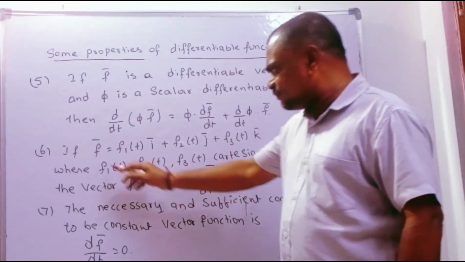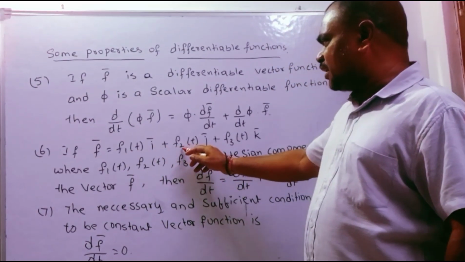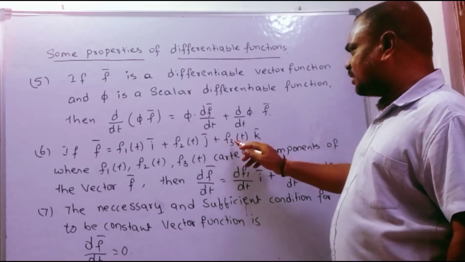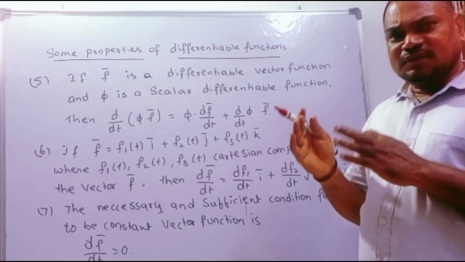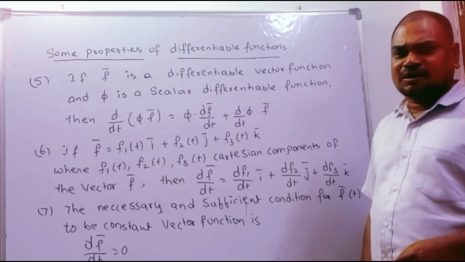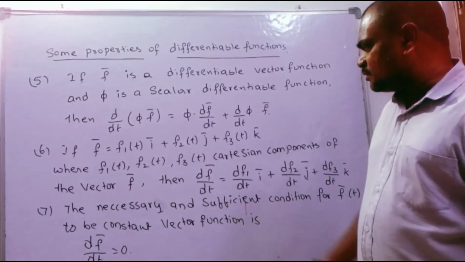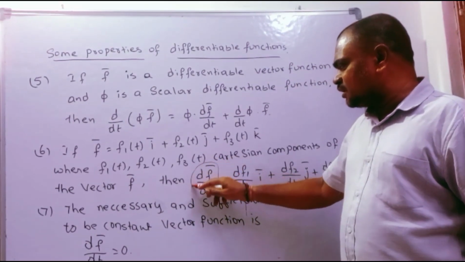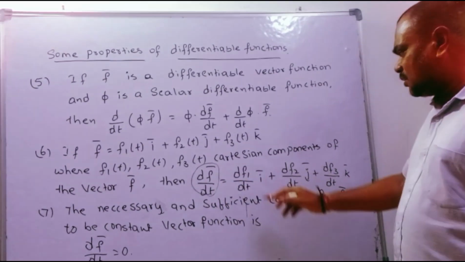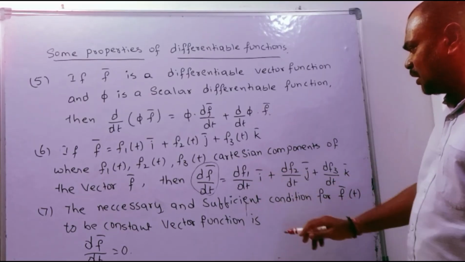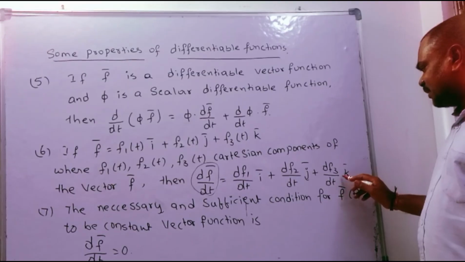If f bar equal to f1 of t i bar plus f2 of t j bar plus f3 of t k bar, where f1, f2, f3 are the Cartesian components of the vector function f bar, then the differentiation of f bar is df bar by dt equal to df1 by dt i bar plus df2 by dt j bar plus df3 by dt k bar.